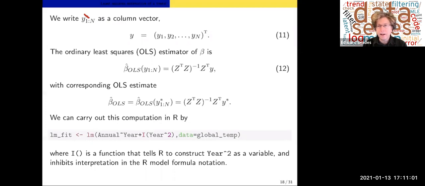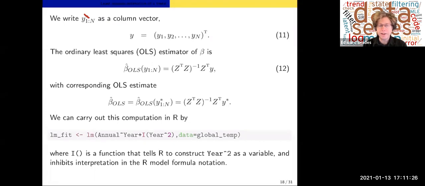For any set of numbers Y, it is (Z transpose Z) inverse Z transpose Y. And then if you evaluate that at the data Y star, you get the ordinary least squares estimate, beta hat OLS. And that's the computation carried out in R by the widely used lm function.